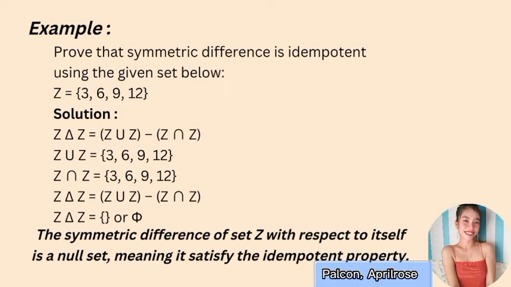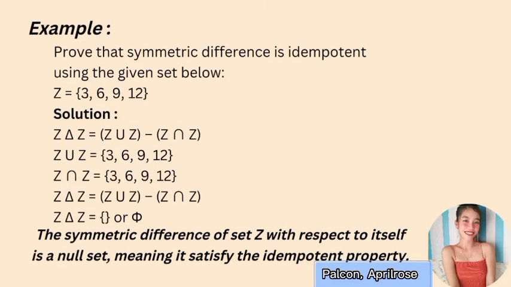Z symmetric difference Z equals open parenthesis Z union Z close parenthesis minus open parenthesis Z intersection Z close parenthesis. Z union Z equals the set of 3, 6, 9, 12. Z intersection Z equals the set of 3, 6, 9, 12.